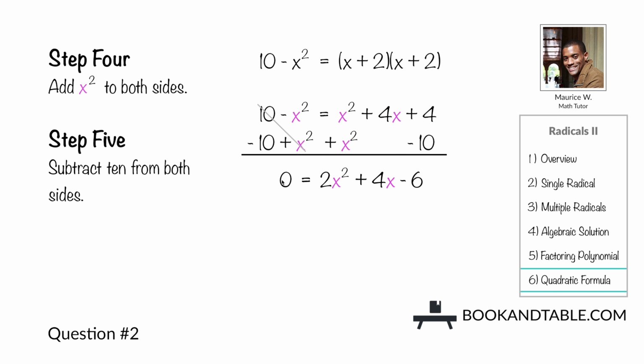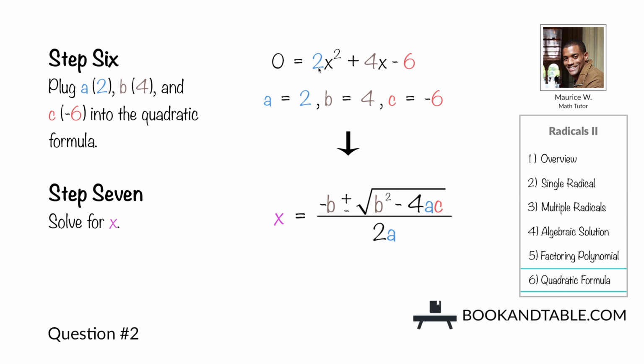So the polynomial we have is 0 is equal to 2x squared plus 4x minus 6. Now this 2 can be extracted from each term, but let's say that you don't recognize that. So we're going to continue with the original plan of using the quadratic formula.